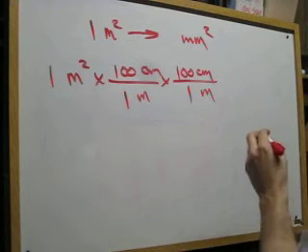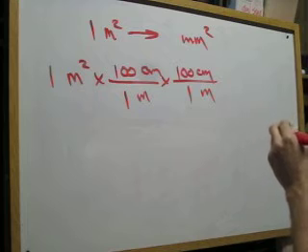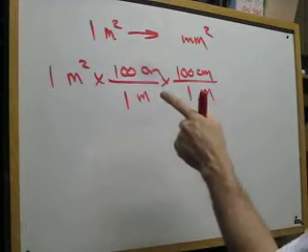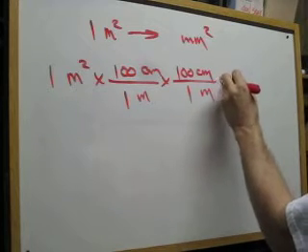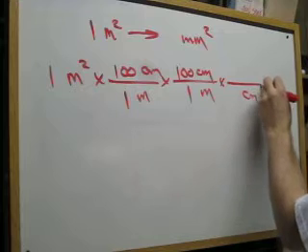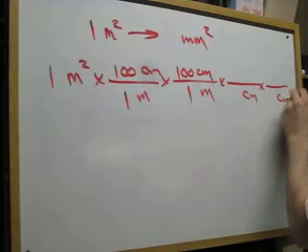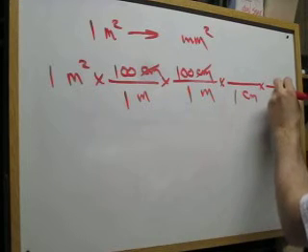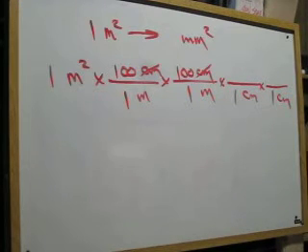And then we know that when we're converting to millimeters, we've got centimeters on the bottom. We do it twice because we have 2 of them up here. And we have to see if we know anything about centimeters and millimeters.